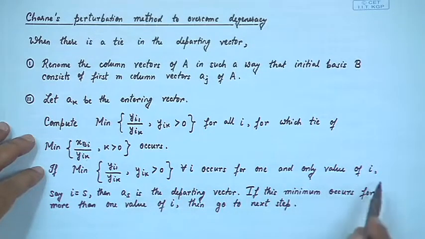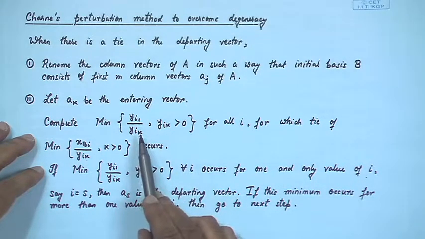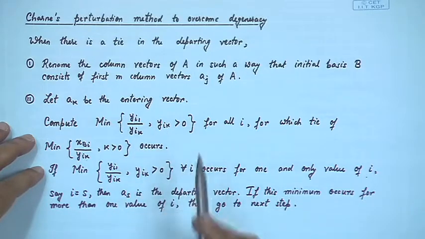That is, the i for which the minimum occurred by changing the columns of the simplex table will be the departing vector.